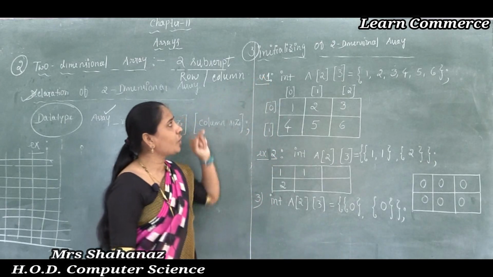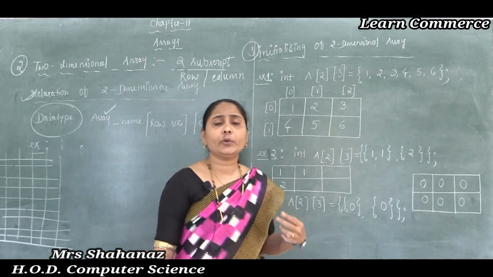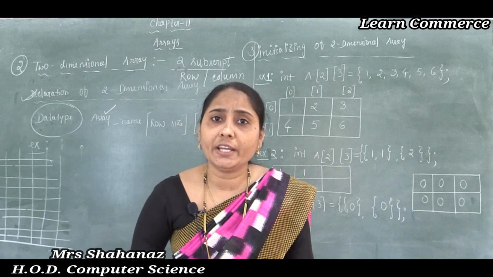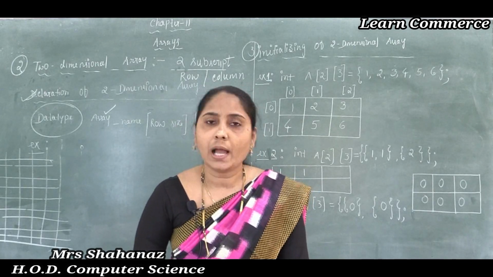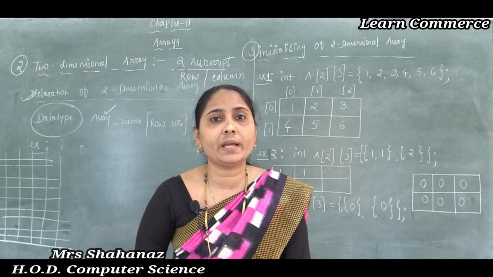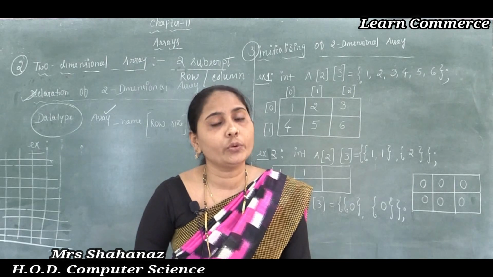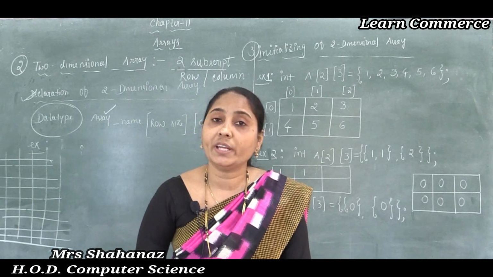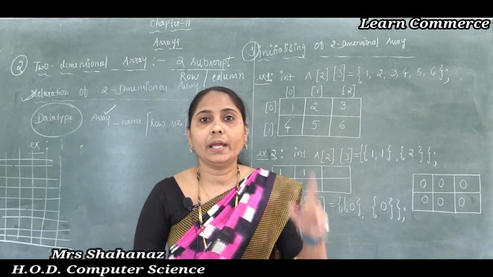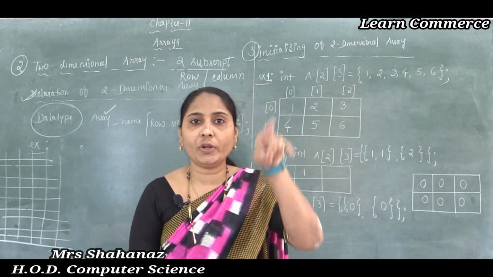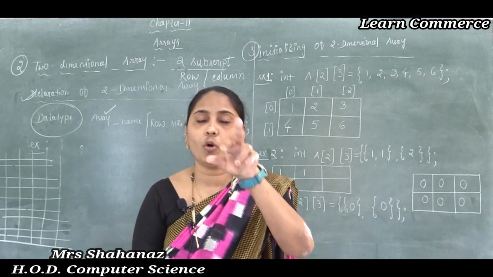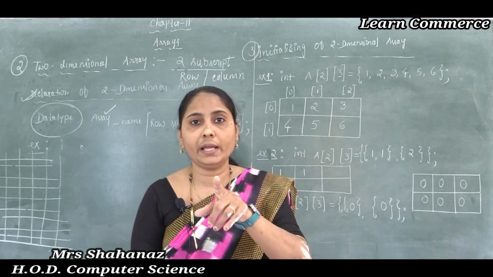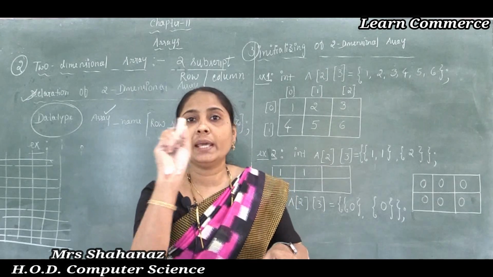In case of the initialization, the two-dimensional array can be initialized either by initializing in its declaration. As we know, how are we going to make initialization to our two-dimensional array? First of all we need to make the declaration. Int a, opening square bracket, 2, closing square bracket, again opening square bracket, 3, closing square bracket, equal sign.